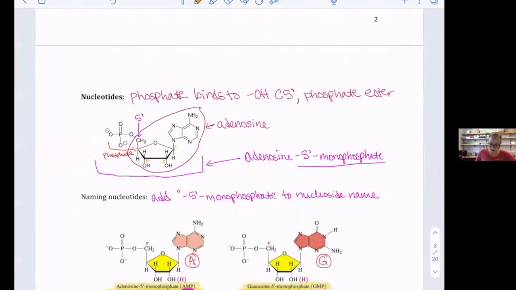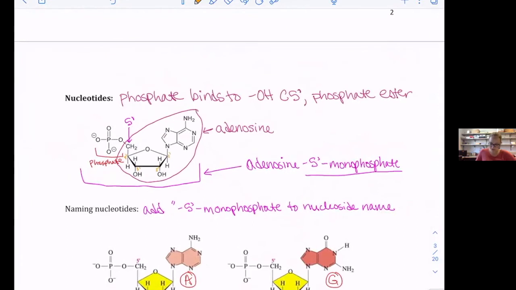At the 5' position, we're going to make a phosphate ester. So we're adding our phosphate on. In this case, it's adenosine if it's just without the phosphate. Then if we add the phosphate in, it's adenosine 5' monophosphate to show the full name.